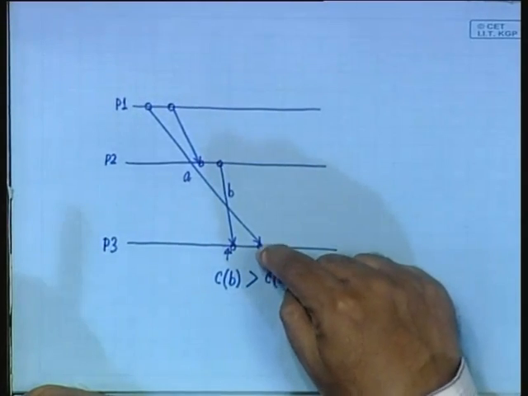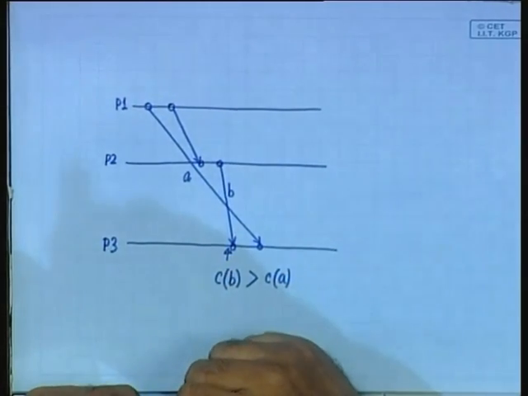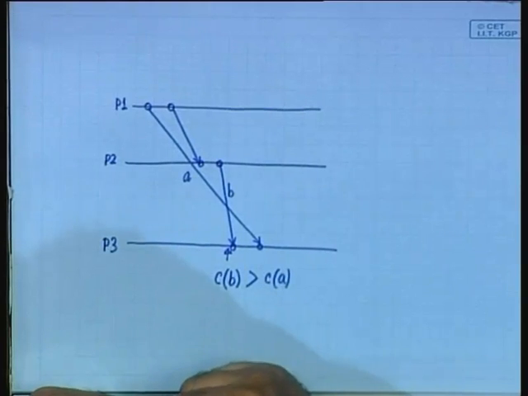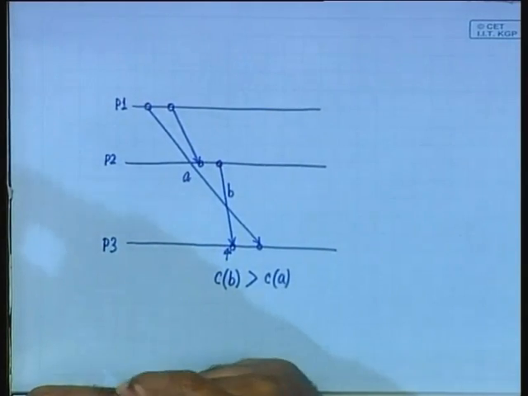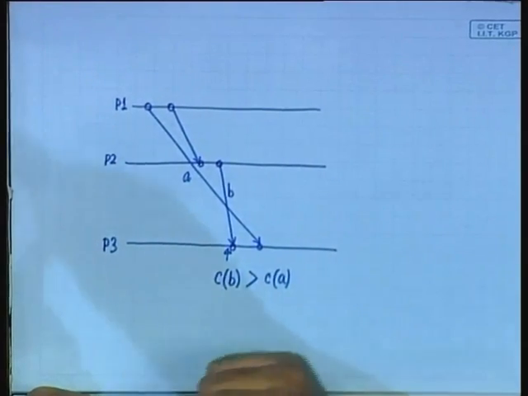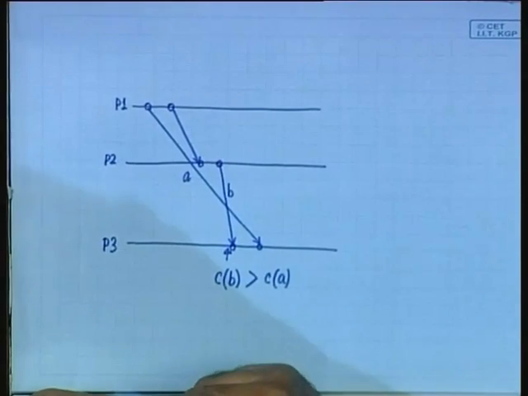And if I do not deliver B, then I might wait forever, because I do not know whether there is any other message with a smaller timestamp which will come, right. So, I will wait forever.